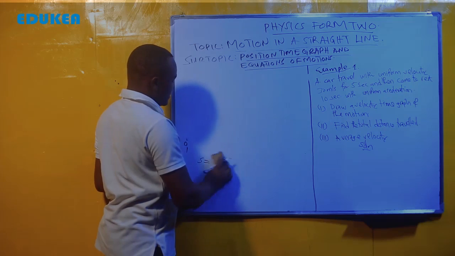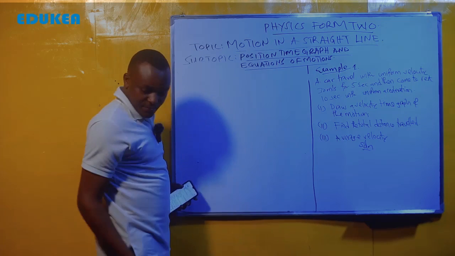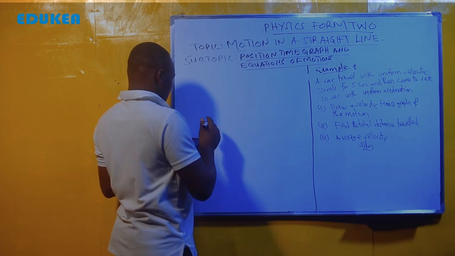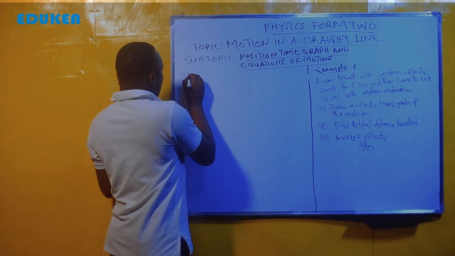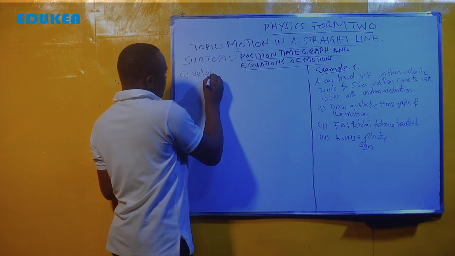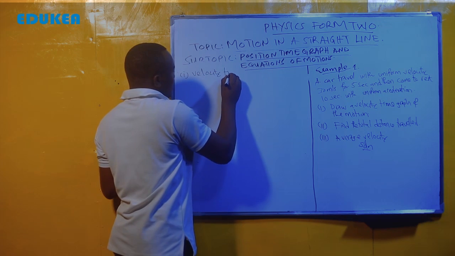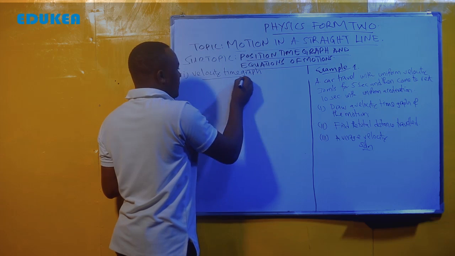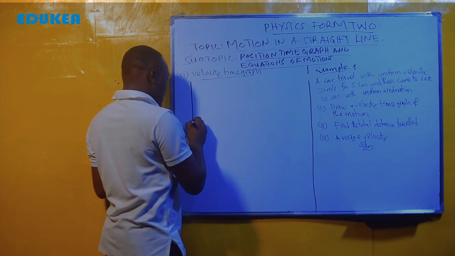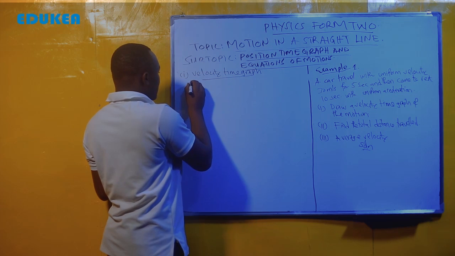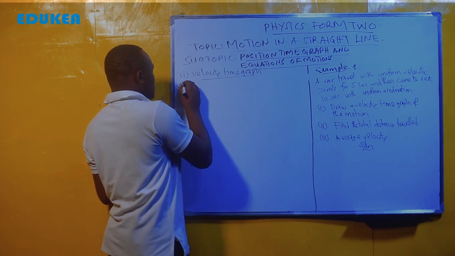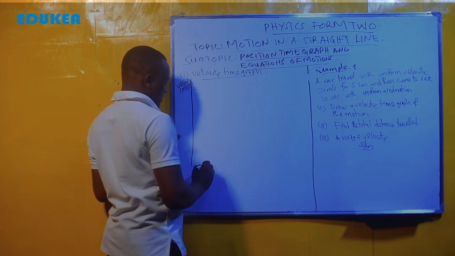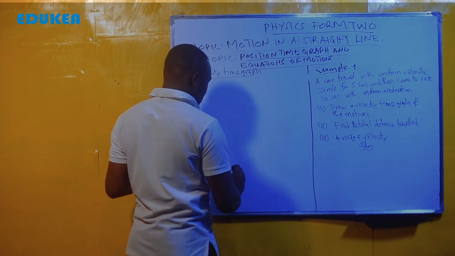So first is to draw the velocity time graph. That means on the vertical axis there will be velocity in meters per second, but on the horizontal axis there will be time in seconds.